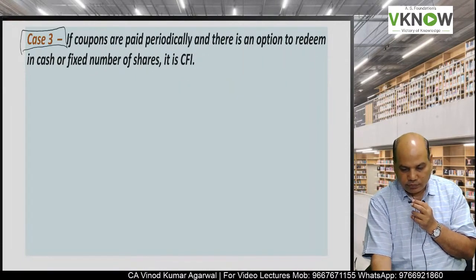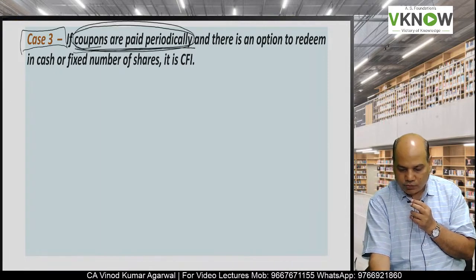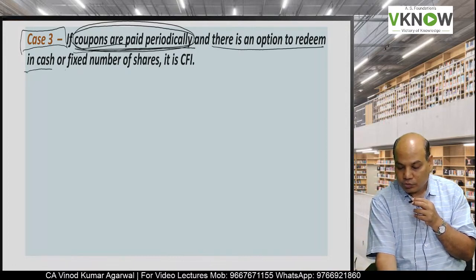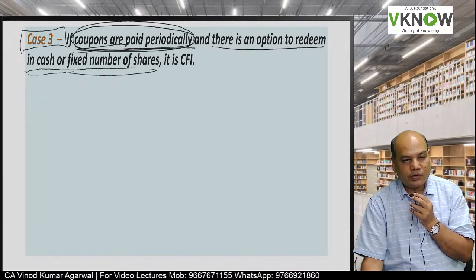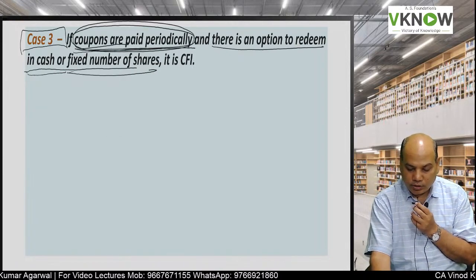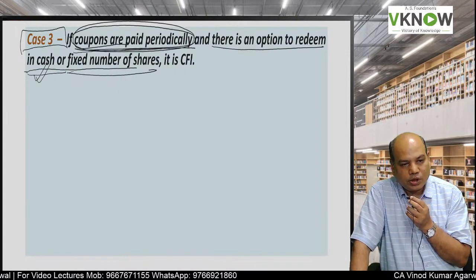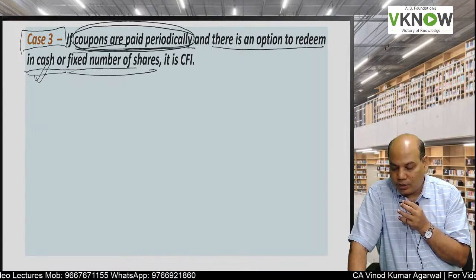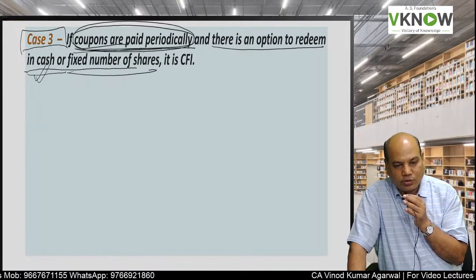Case number 3: if coupons are paid periodically, this portion will be liability, and there is an option to redeem in cash or a fixed number of shares. If the holder decides to get cash, the company has no option but to pay cash, or the holder may demand a fixed number of equity shares to be issued.